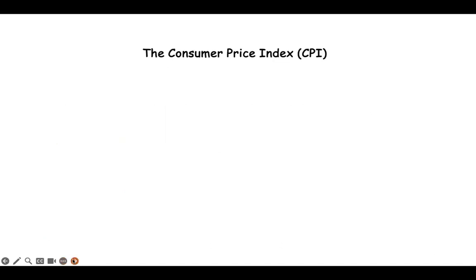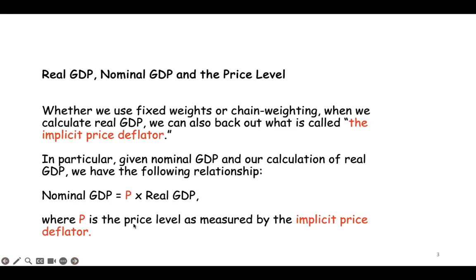Now, what is the problem with this measure? The advantage is that it is relatively simple. Once you have your data for nominal and real GDP, you just divide them and you get the deflator. Now, the problem is that, remember, gross domestic product is a measure of all goods and services produced in the economy.